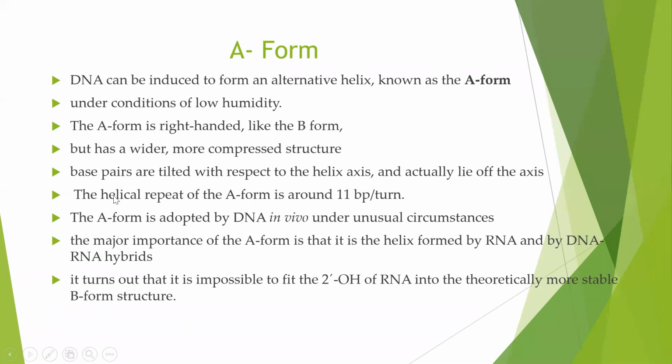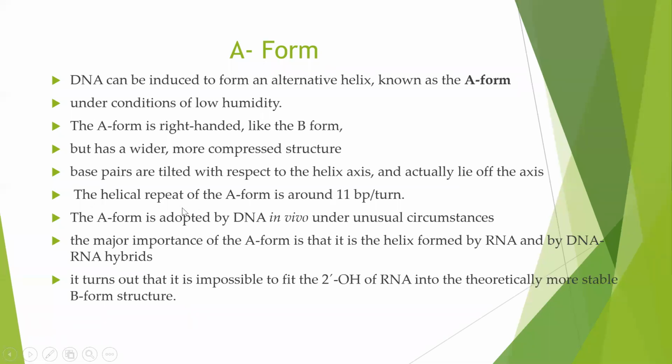But the difference is that in case of A form, it has a wider and more compressed structure. Because of this compressed structure, the base pairs are tilted with respect to the helix axis and they actually lie off the axis.